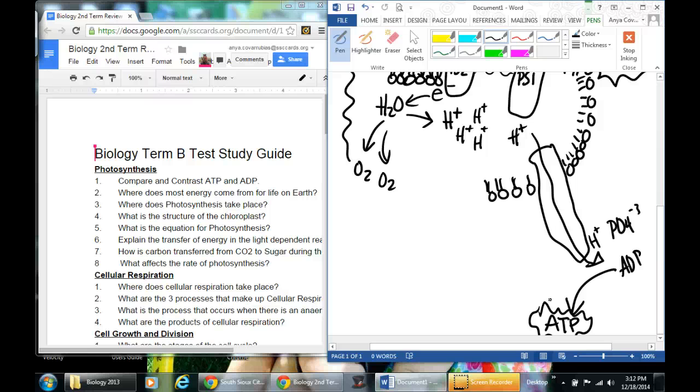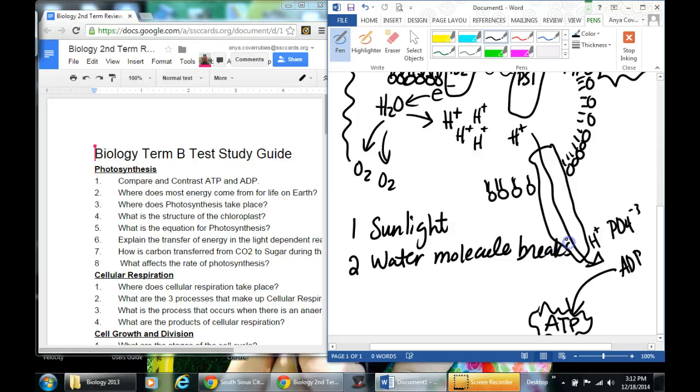And that's what happens in our photosystem. So first, energy is absorbed from sunlight. So if we're going to do these steps, sunlight is absorbed. And then second thing, water molecule breaks apart. And that's creating the oxygen. And then the last one, hydrogen ions are transported, and this produces ATP at the end.